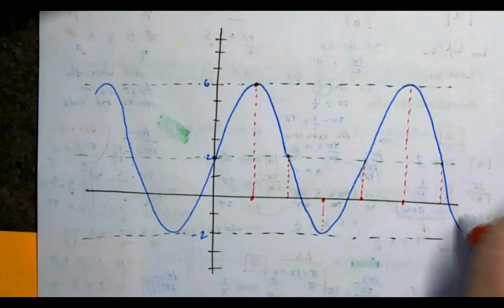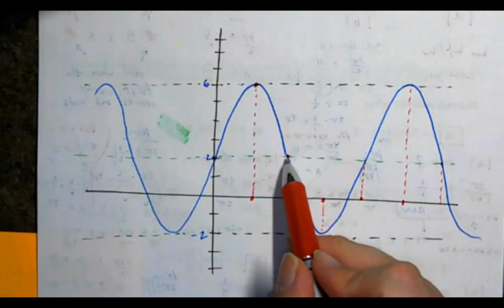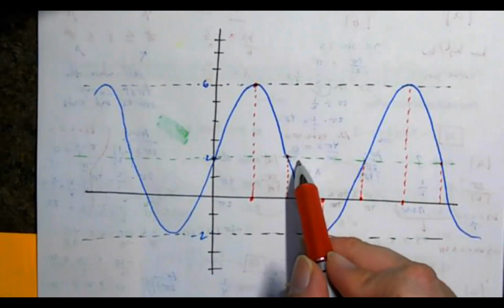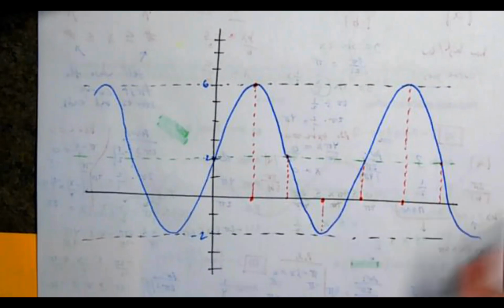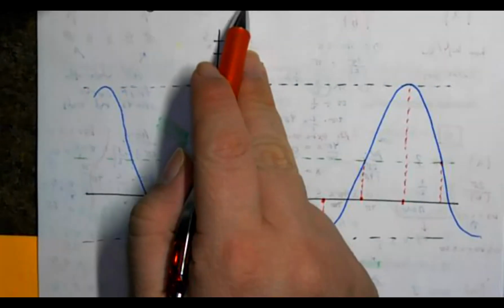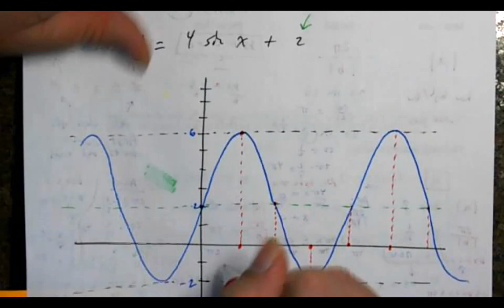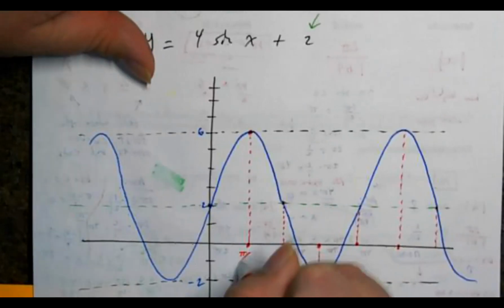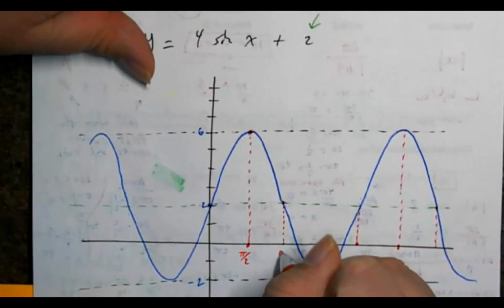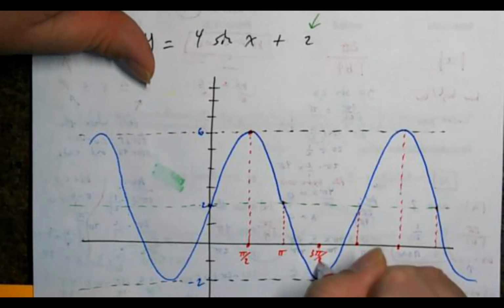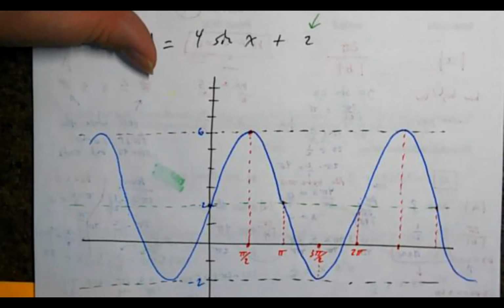And in this case, the 0 means where does it hit the midline? That's a 0. And then you'd find those values. And since the period is just 2 pi, you'd know those values. Those values would be pi over 2, pi, 3 pi over 2, 2 pi. Then it starts to repeat and so forth. But that's how you use the midline and amplitude.